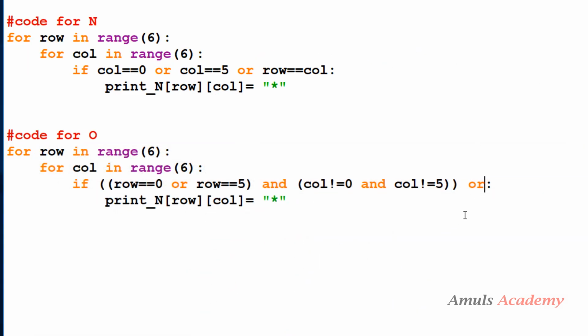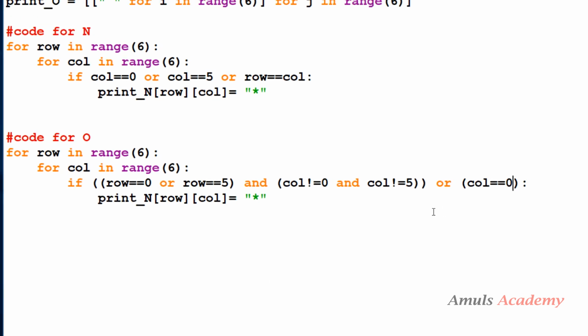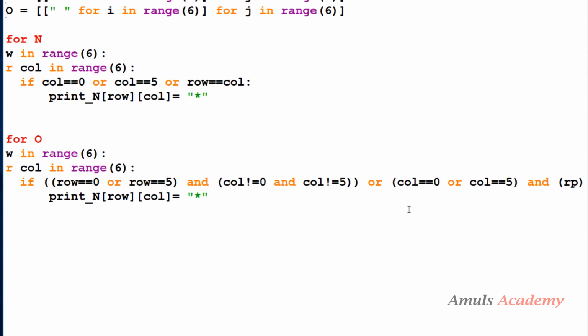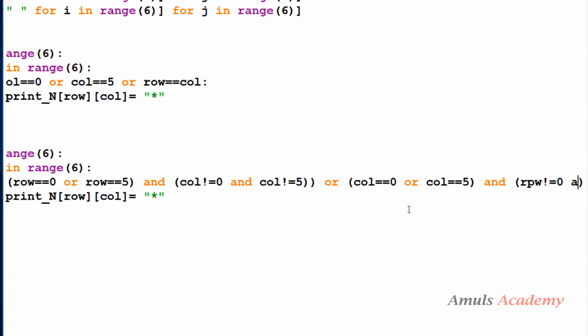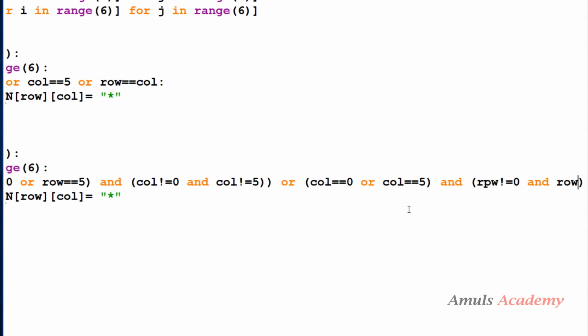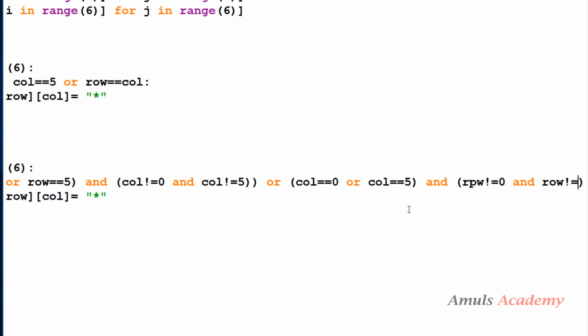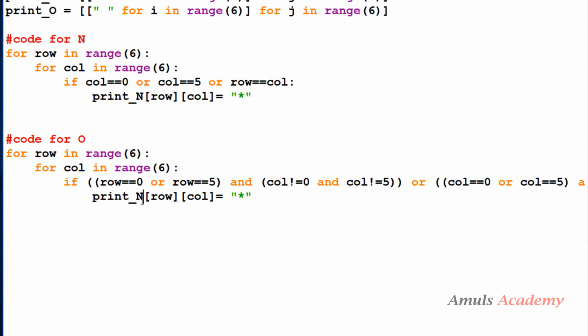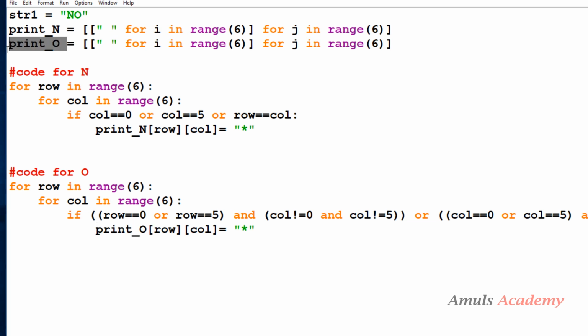So column equal to 0 or column is equal to 5, and row should not be equal to 0 and row should not be equal to 5. If these conditions are satisfied, then insert a star in that row and column in print O, because this is the nested list for O. So we are done with N and O.